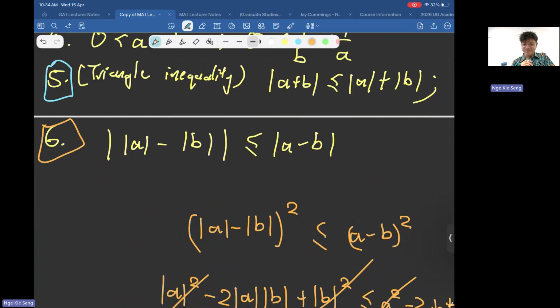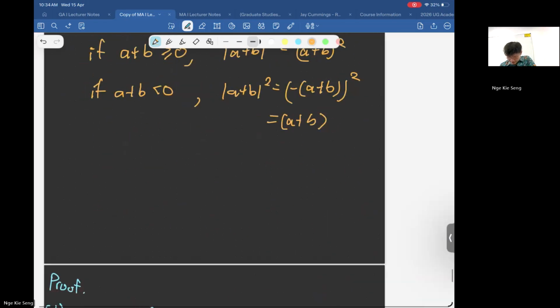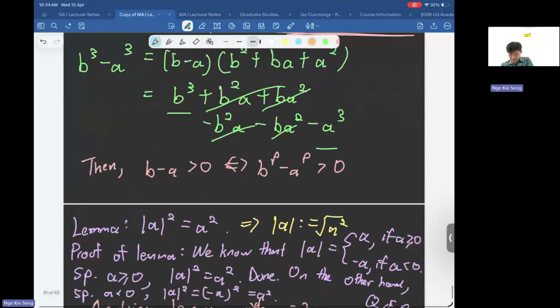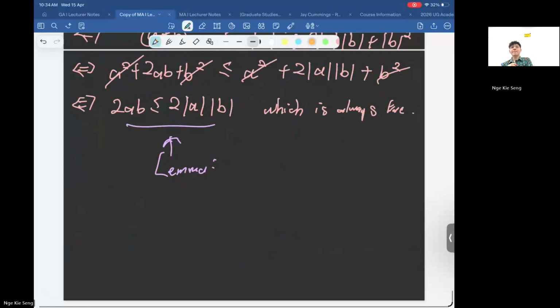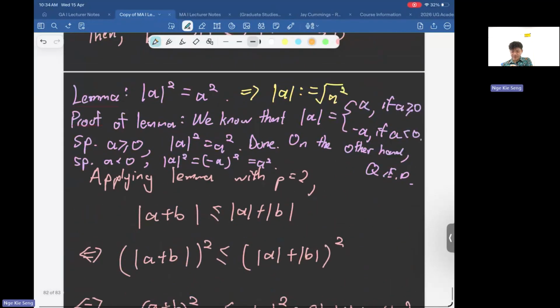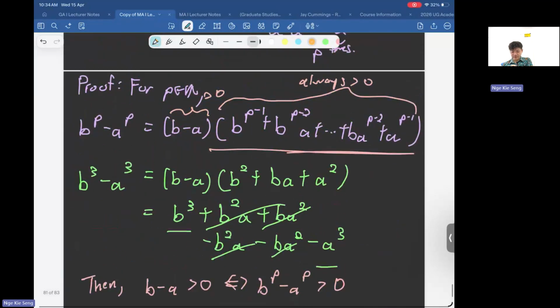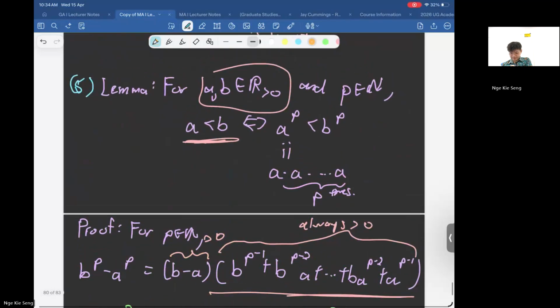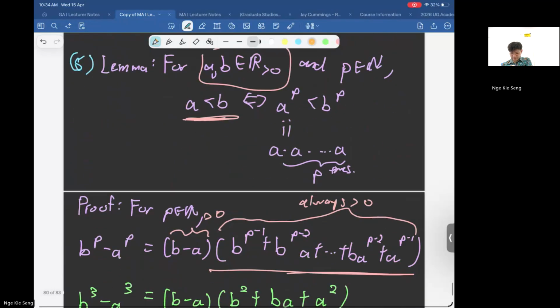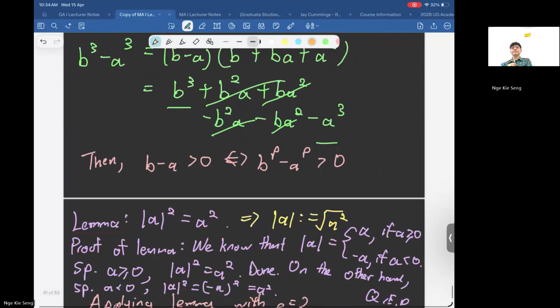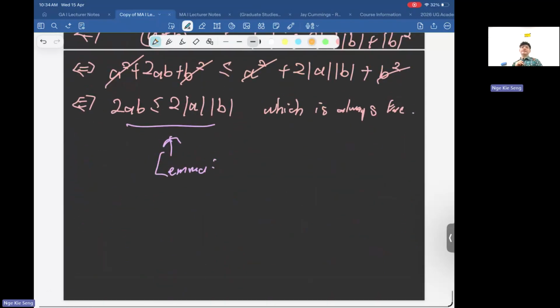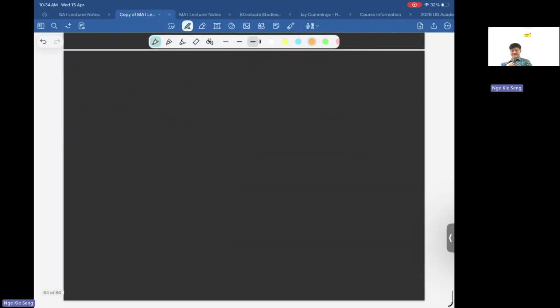Let me see how I convince you. You mean claim proof for triangle inequality or reverse one? The reverse one. You want to share? How about you share here? You come here.